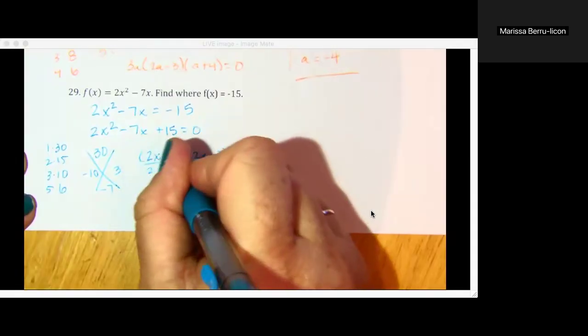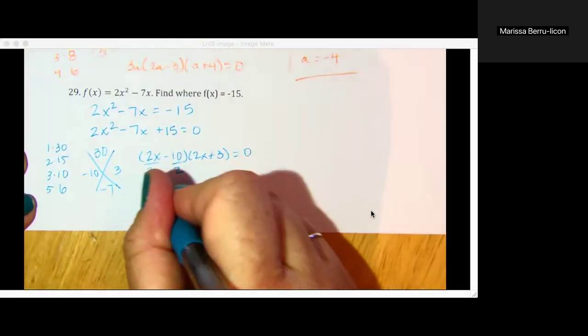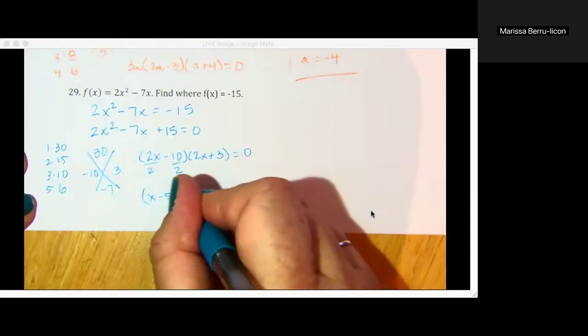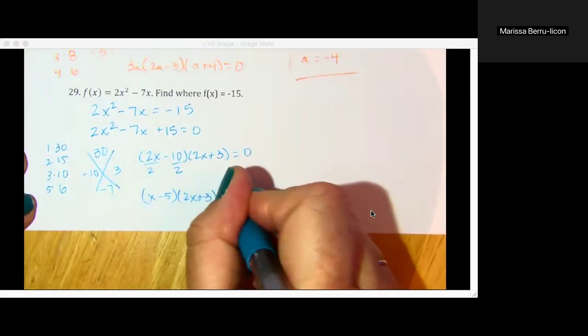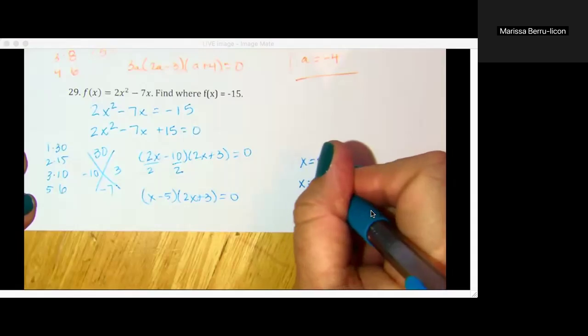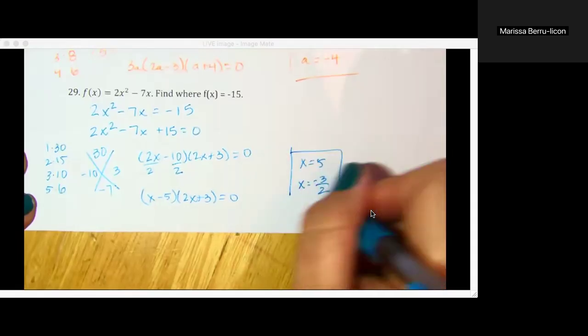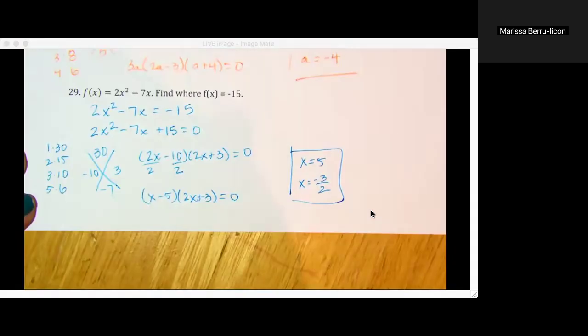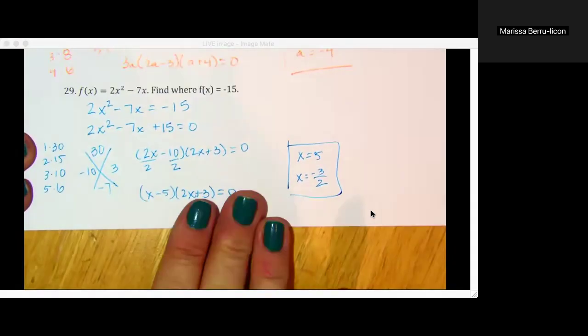Trash step here, and I have (x - 5) times (2x + 3). And that gives me x equals 5 and x equals negative 3/2. And that is where f of x equals negative 15. And that brings us to the end of part 2 of section 1.